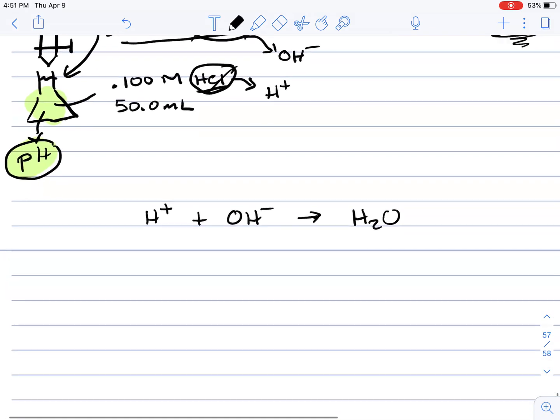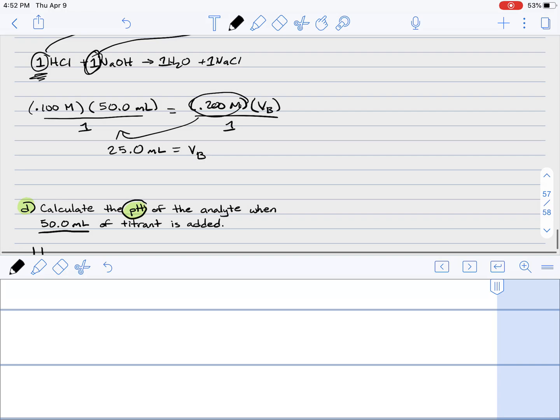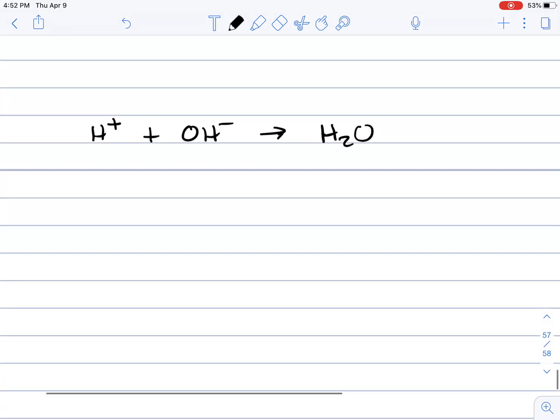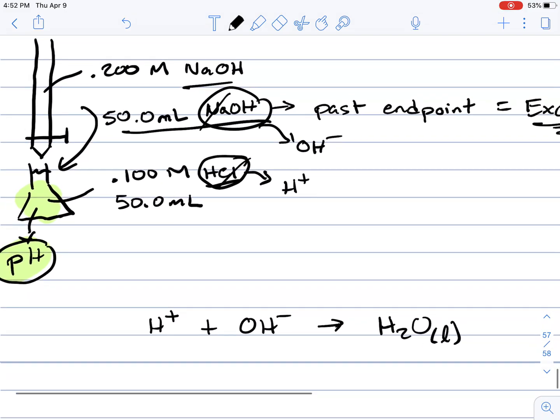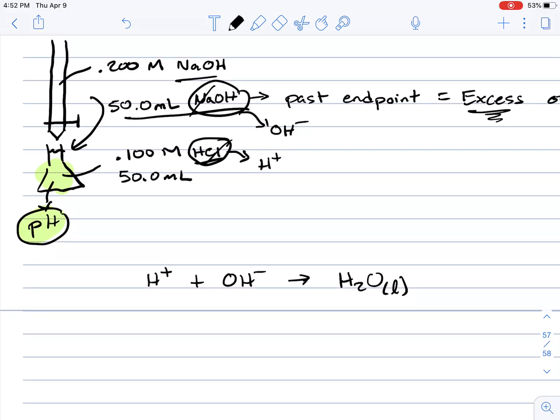Okay. So this is my overall chemical reaction that I'm working with. And once again, my water is going to be liquid in state. Now, since a reaction is occurring, and since I want to figure out my pH, that means that I need to figure out the concentration of my H+ at equilibrium.